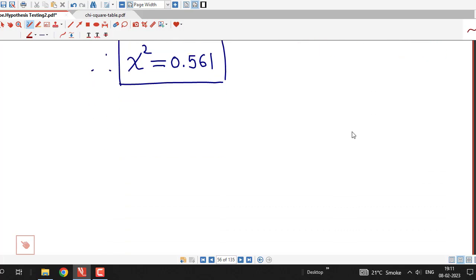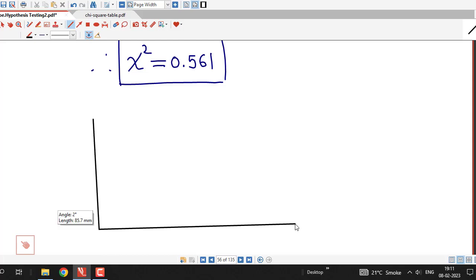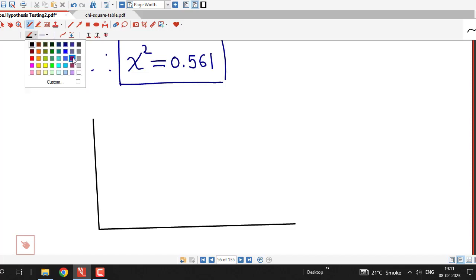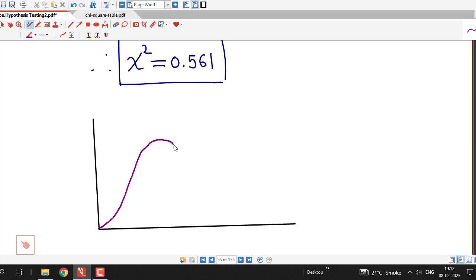Now the next step is to decide the chi-square critical value, and for that we can roughly sketch this chi-square probability density curve. It is not necessary to sketch this curve every time; I am sketching just for understanding. We are familiar with the shape of the chi-square distribution.